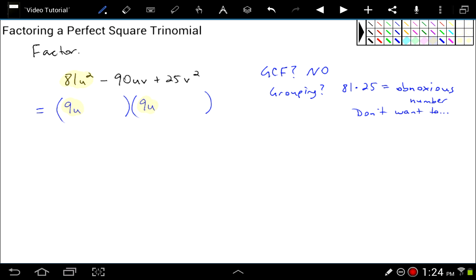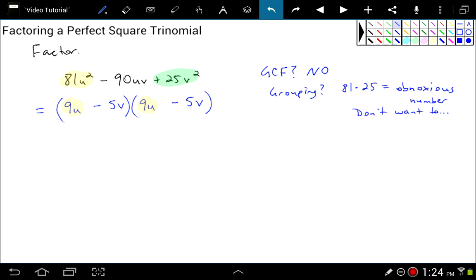And then, to get my 25v squared, I'm going to need a negative 5v with another negative 5v, or a plus 5v and a plus 5v. I've got to figure out which one. I'm hoping that one of these two versions will work. So let me write them out separately.